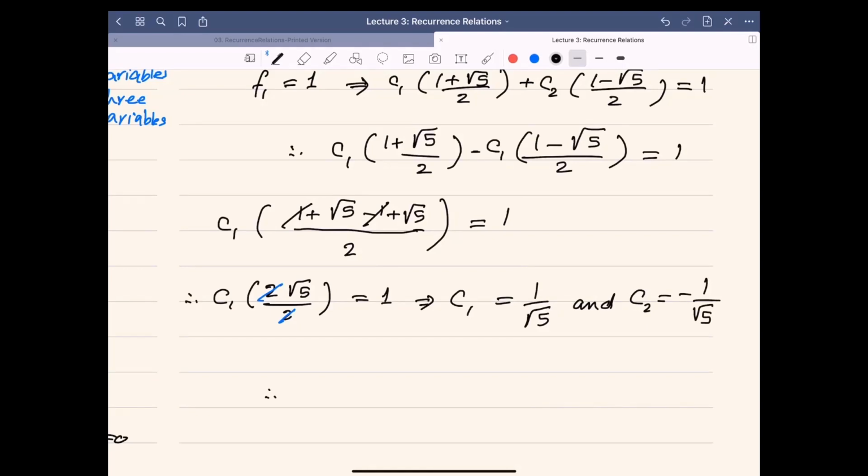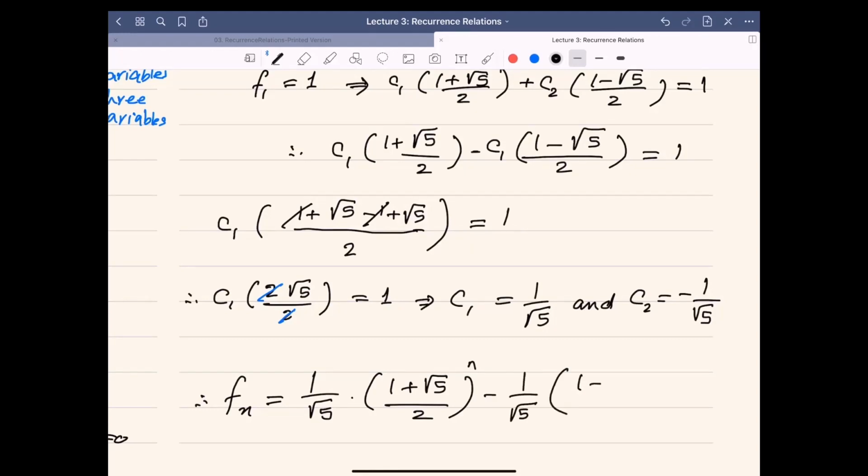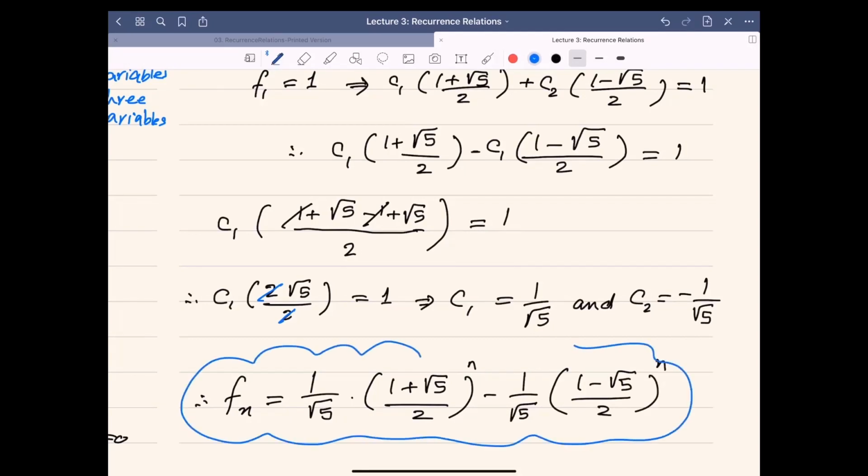So the Fibonacci sequence f of n is equal to C1, which is 1 over the square root of 5, multiplied by 1 plus the square root of 5 over 2 raised to power n, minus 1 over the square root of 5, times 1 minus the square root of 5 over 2 raised to power n, and this is the general solution of the Fibonacci sequence.